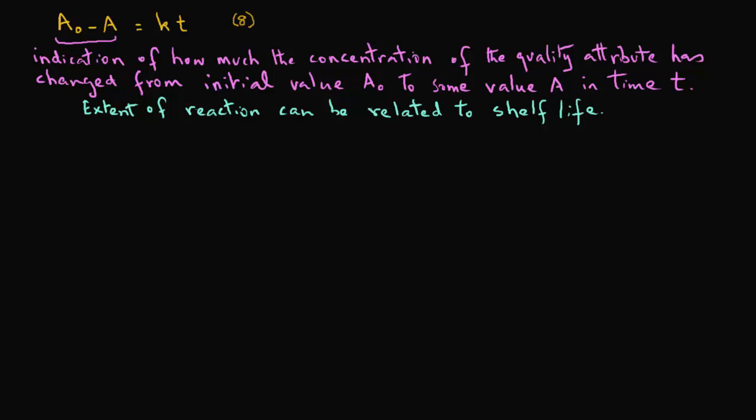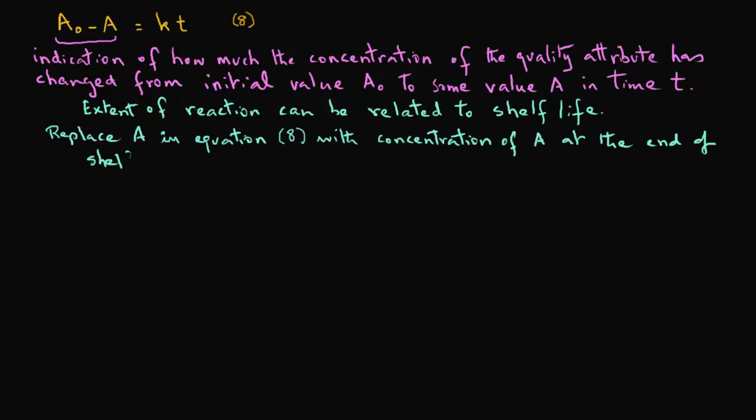In the above equation, we can replace A with concentration of A at the end of the shelf life, and we will call it AE. Remember, A0 was the initial concentration of that quality attribute. And also, on the right-hand side, we will replace t with ts, that will be the shelf life.